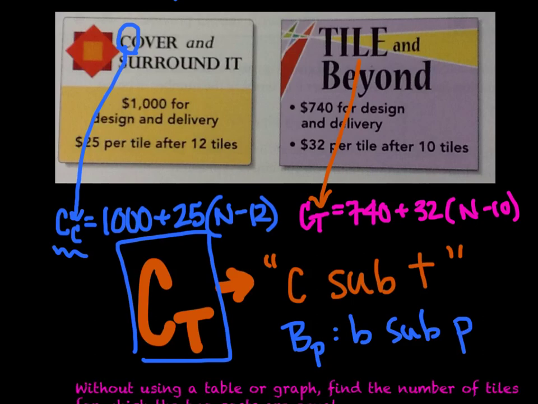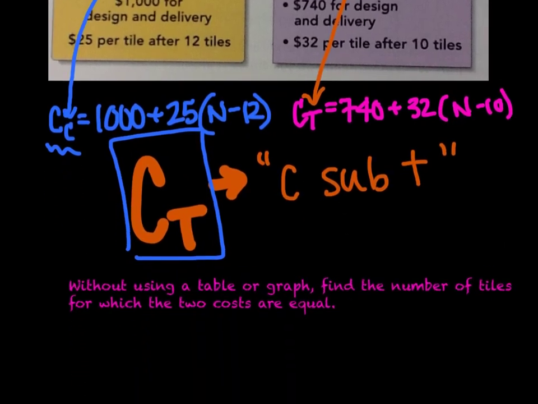That could be a different baseball company or something like that. So with two different equations with two different names, just knowing that C stands for the cost, and the little c's and little t's are essentially the names of the various companies, is important. So let's move on from there.